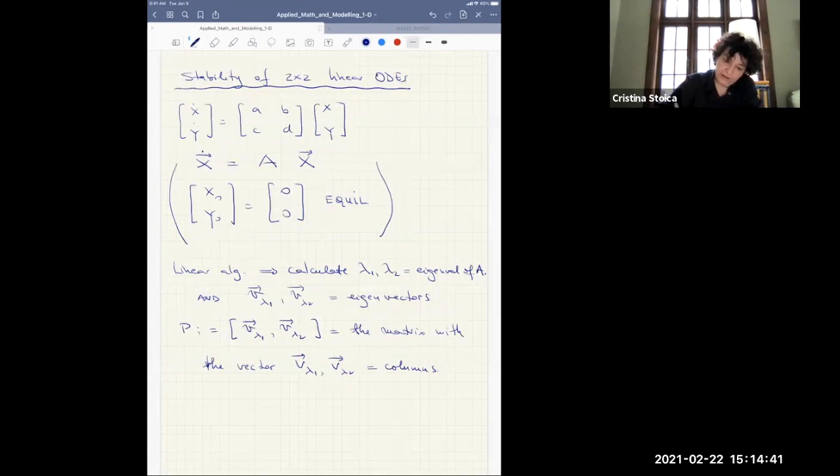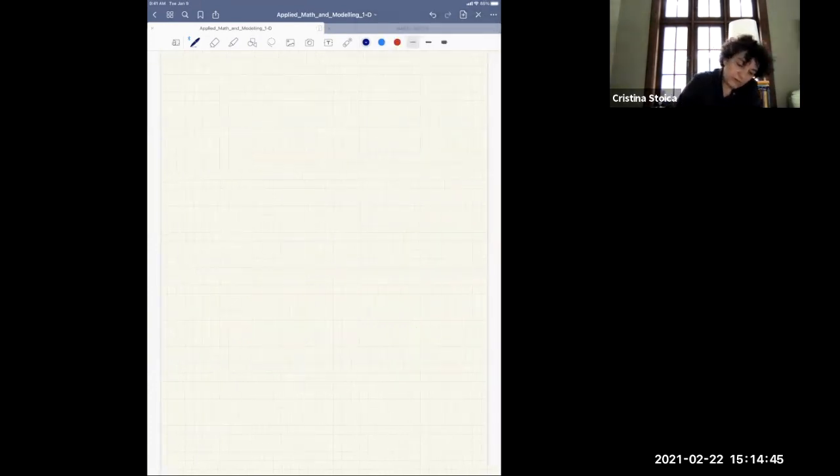Then from linear algebra, we know the following. So here I'm going to write P again, V lambda 1, V lambda 2. I should have started with that.